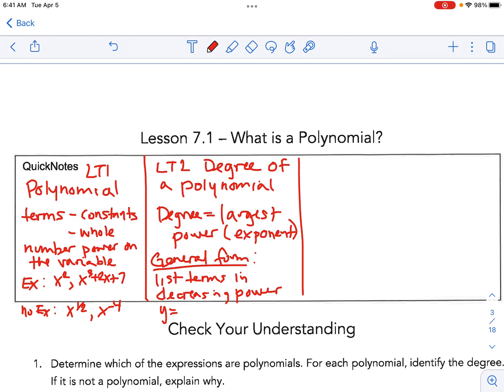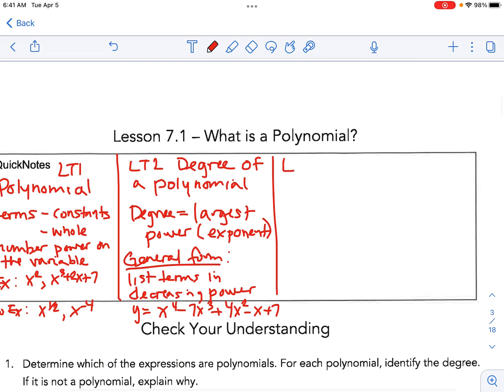So general form would be like y equals x to the 4th minus 7x cubed plus 4x squared minus x plus 7 or something like that. That would be general form.